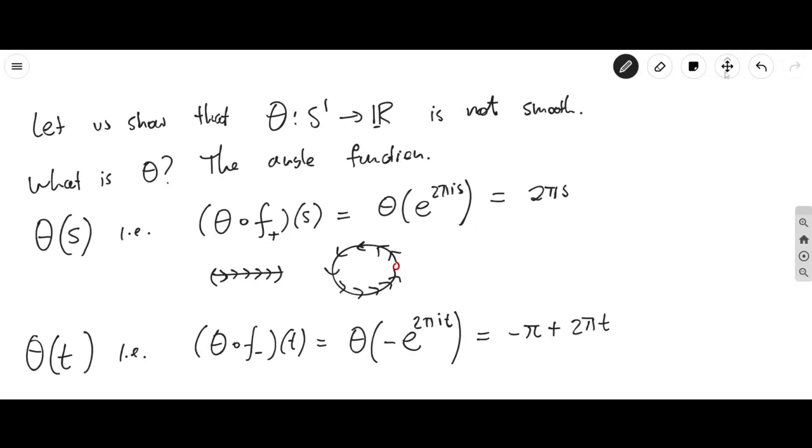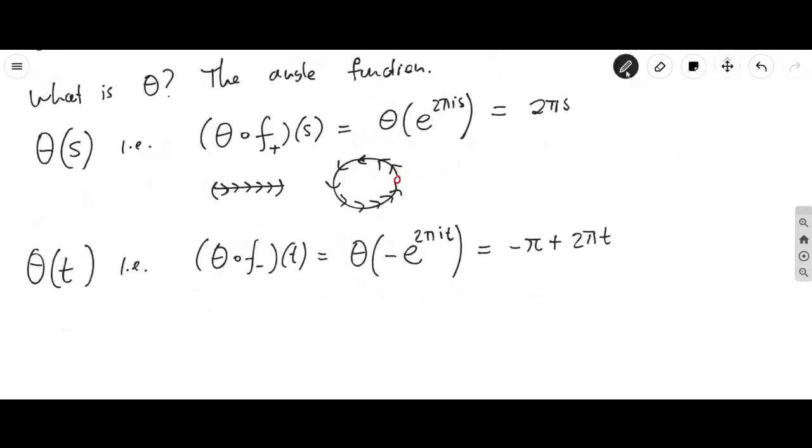Let's explain that, because the other chart maps this interval by taking it and winding it around like this. It sort of starts at negative pi, but you can also say it starts at pi. But if you say that it starts at negative pi, then by the time you go around, you should say it's pi. And that makes sense.